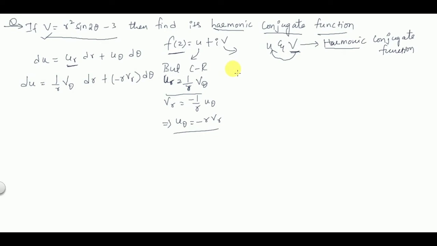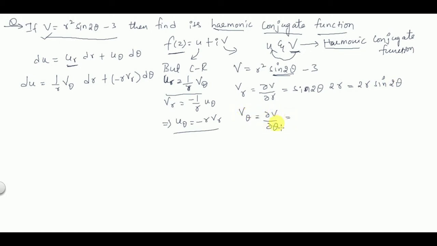First of all, v is equal to r square sine 2 theta minus 3, as he has given. So v_r is dou v by dou r. When finding with respect to r, sine 2 theta is a constant, so I write it outside: sine 2 theta into dou by dou r of r square, which is 2r. So you'll get 2r sine 2 theta. Similarly v_theta is dou v by dou theta.